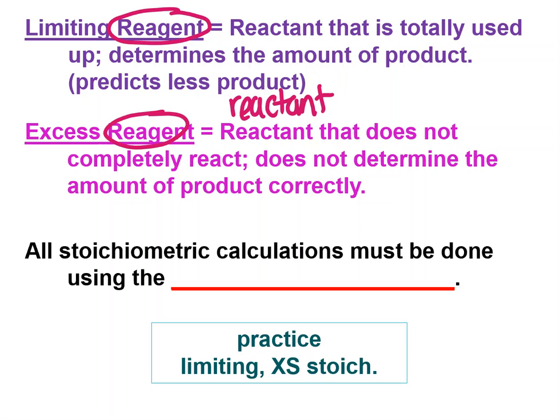But sometimes that's confusing because we determine which one is limiting based on how much product there is, but it's always referring to a reactant. Because all of the limiting reagent reacts and some of the excess is just there and has nothing to do with the amount of product that's there, just like extra bread doesn't give you more sandwiches, all of your calculations have to be based on the limiting reagent.